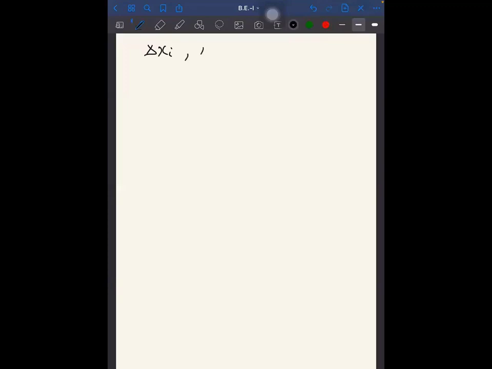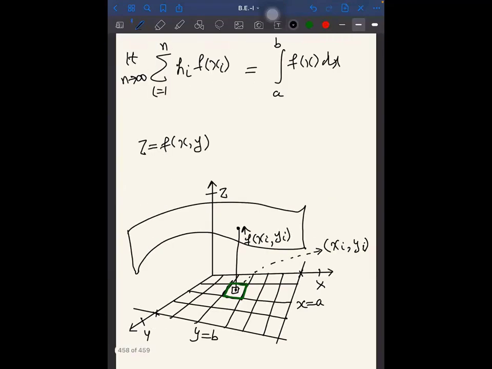So what is the area of that rectangle then? Delta x_i into delta y_i. So I'll be multiplying with the height, that means f of x_i, y_i, right? So what will it give you? It will give you a kind of volume. Volume of what? Kind of this pillar.